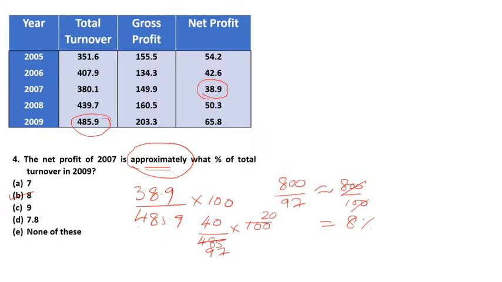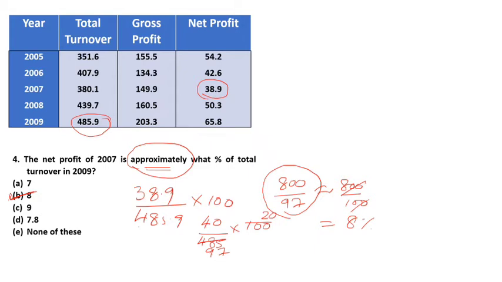Because it is easy for us to cancel with numbers like 2, 3, 5, etc. So now we got 800 divided by 97. Instead of calculating 800 by 97, we can approximate the value. We can take it as 800 by 100, which is equal to 8%. So accordingly, you can mark the correct option from the given options. Kindly note it. Then we will go to the next question.